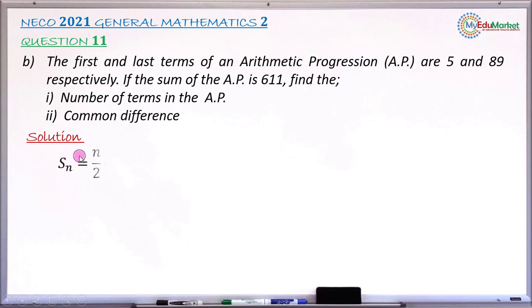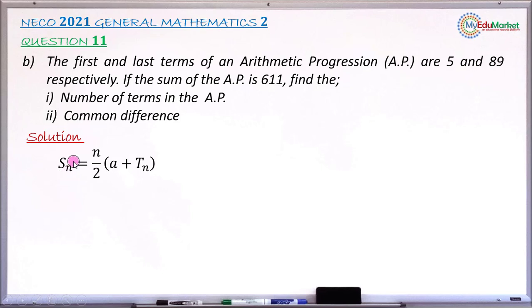The formula for the sum of an AP given the first and last term is Sn equals n over 2 multiplied by (A plus Tn), where Tn refers to the last term, A the first term, n the number of terms, and Sn the sum of the first n terms.